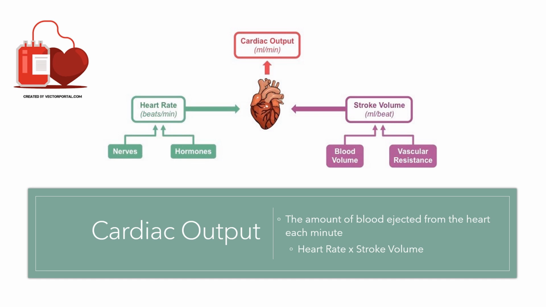You cannot determine this by blood pressure, by taking someone's pulse, but they would need to have an internal monitor into a major vessel and be in the ICU so we could measure that. So it would be the patient's heart rate times how much is pumped out in each pump. And that would give you the volume over a minute.